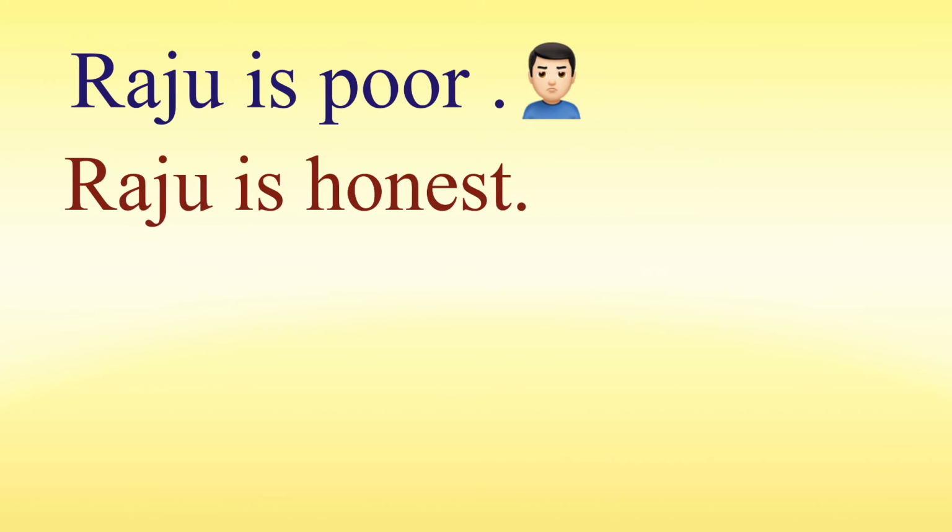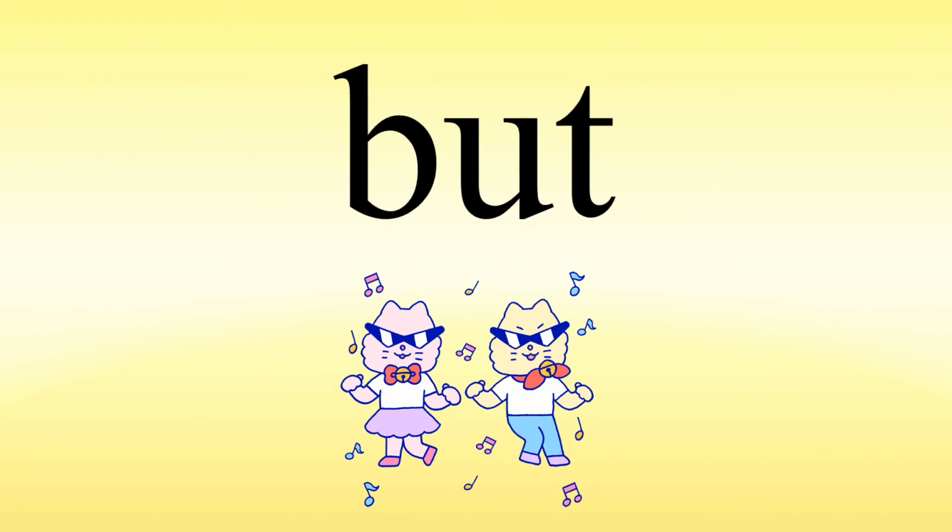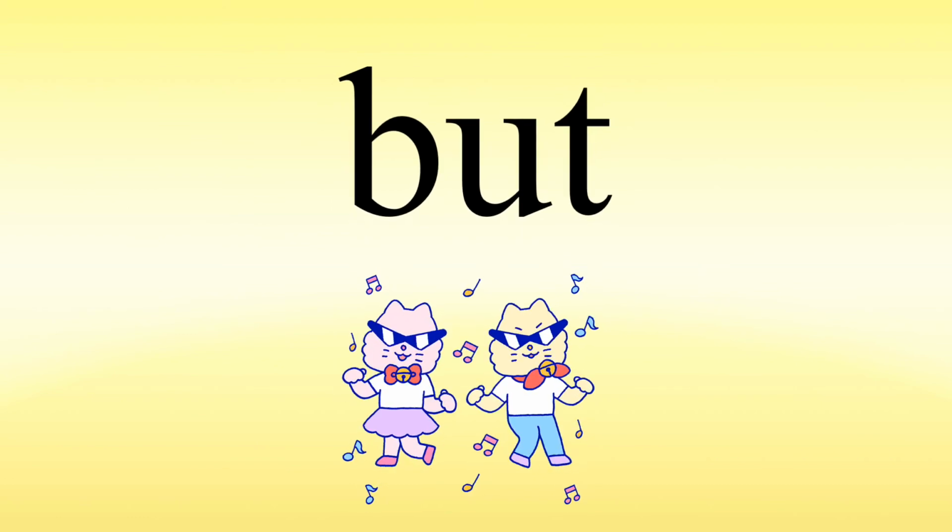Raju is honest. In these two sentences, poor and honest are the two opposite qualities of Raju. When we join these two sentences into one, we use but conjunction. And the sentence would be: Raju is poor but honest. So now you have learned the use of but conjunction.